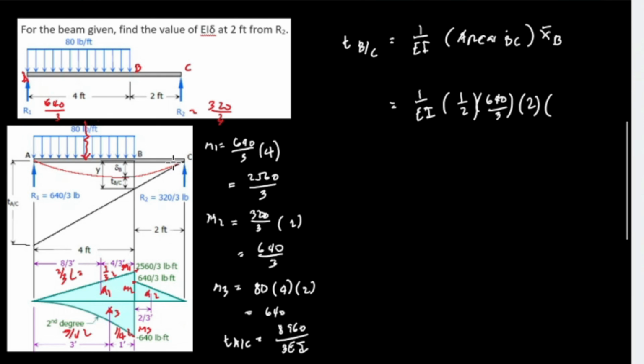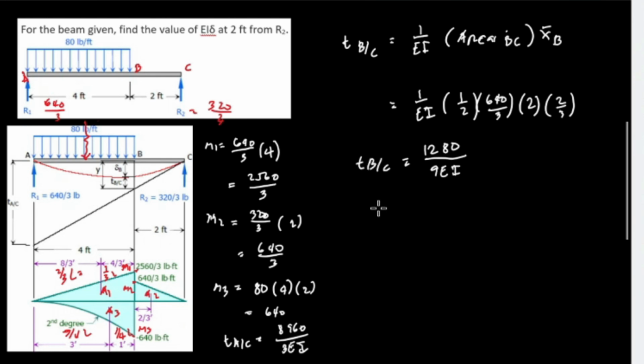And X sub B is from C to the centroid of the triangle, so this is 2/3. So T of B to C, 640 times 2 times 2 all over 2 times 2, 3 times 3, that's equivalent to 1280 all over 9 EI, and that's the deviation from B to C.